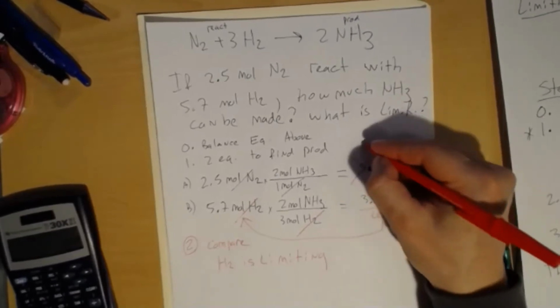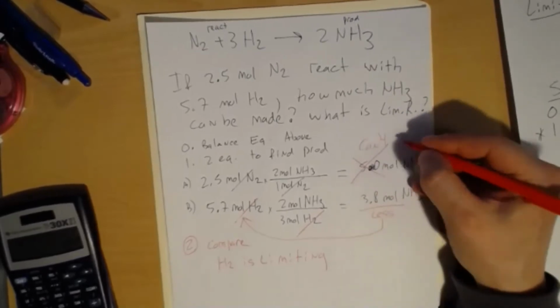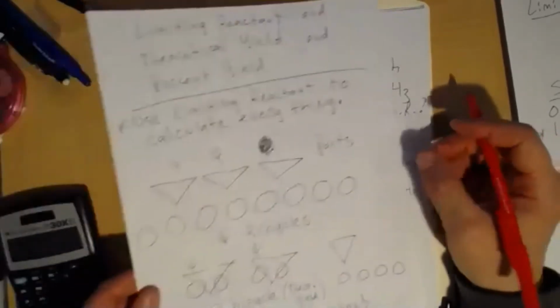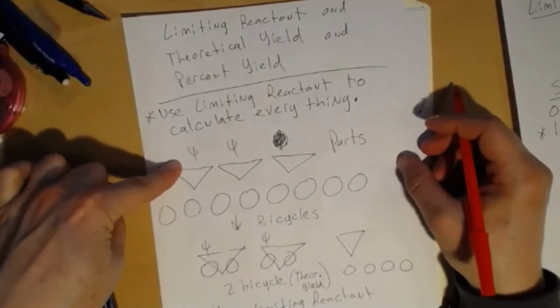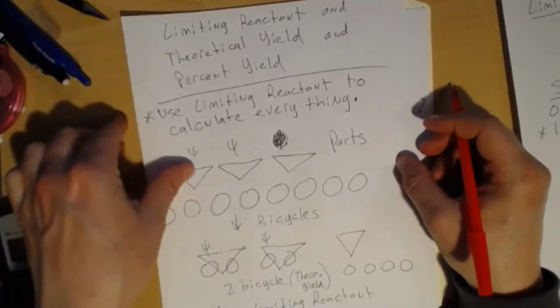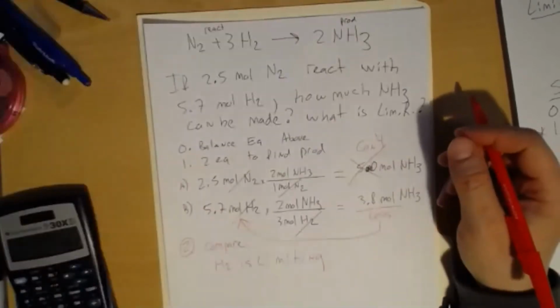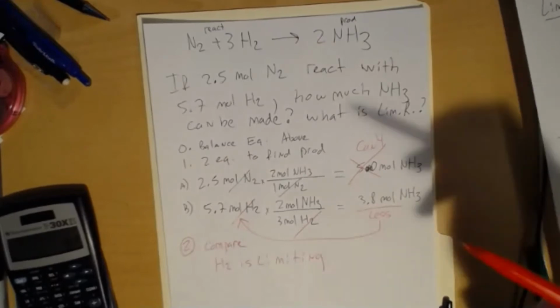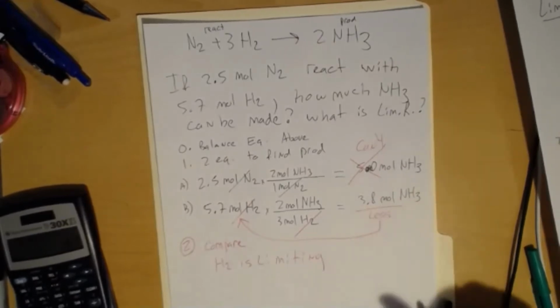Another thing we could say, so we can't make, let me cross this one out. We can't make 5 moles of ammonia. Why not? I mean, think about my bicycle factory. I can't make 3 bicycles. I'd like to make 3 bicycles. I can't, right? I run out of handlebars. So I can't make 5 moles of ammonia. I can only make 3.8.